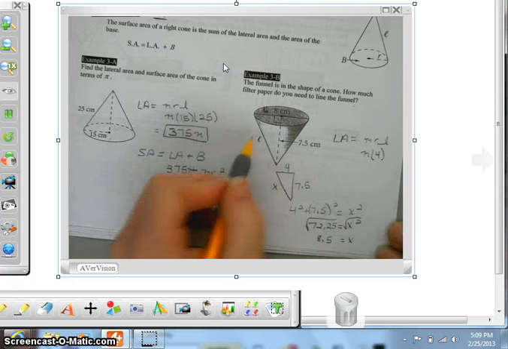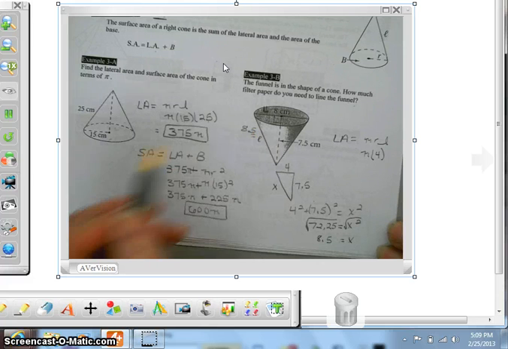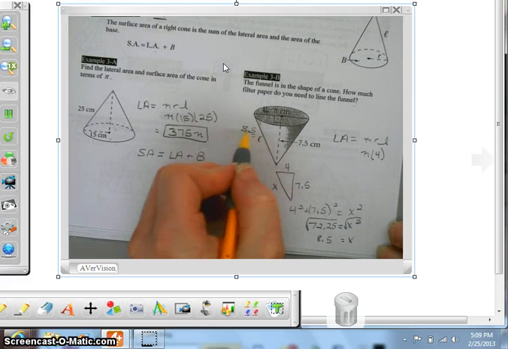So x is your L, which is your slant height. So that's 8.5.